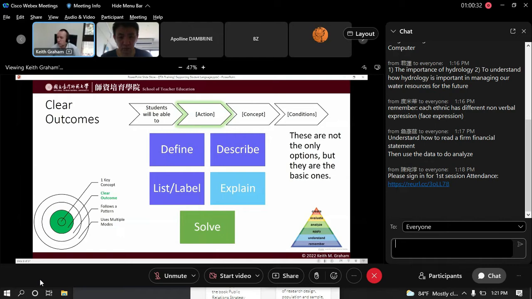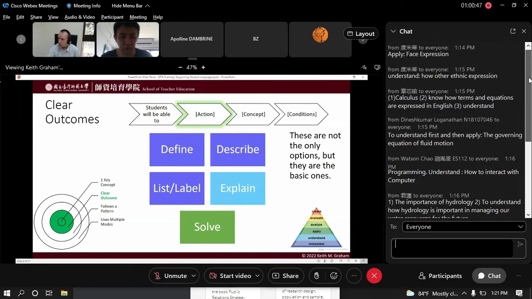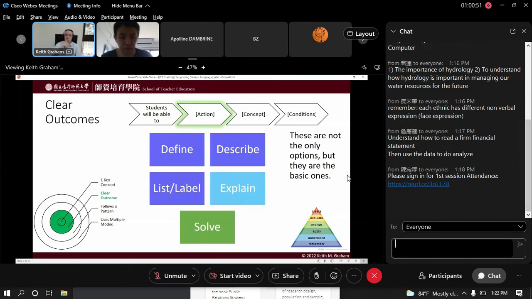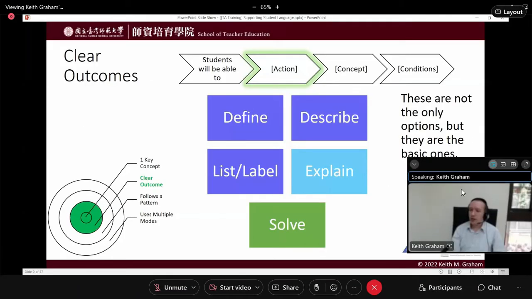And so for many of you, that may be what you need to target. Okay, we'll take computers, for instance. Maybe we're talking about the system of the computer, how that might work. So that might be a good example for how we would use explain or the understand topic.